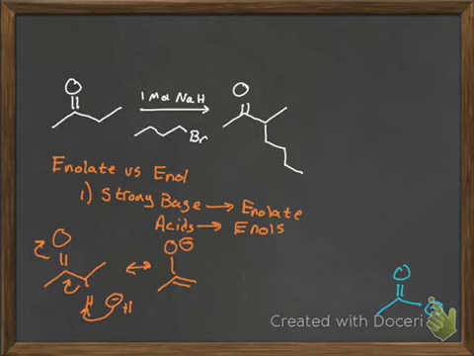Now, the question becomes, why will this enolate form over, say, this enolate? Why enolate orange over enolate red? And the answer to that is enolate orange would be preferred because the alkene that you make is more substituted than in enolate red.